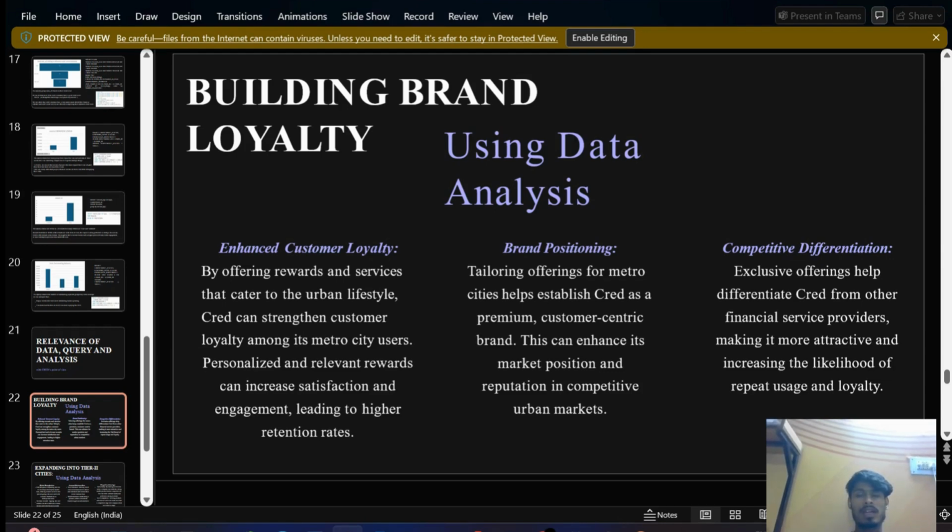Enhance customer loyalty means attracting customers by offering more rewards and services as compared to competitors. Second is brand positioning, making available the safety of their data. Competitive differentiation makes them differentiate from their competitors.